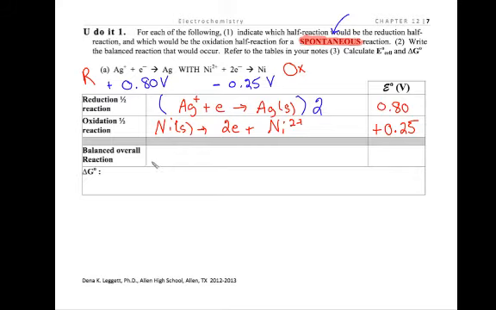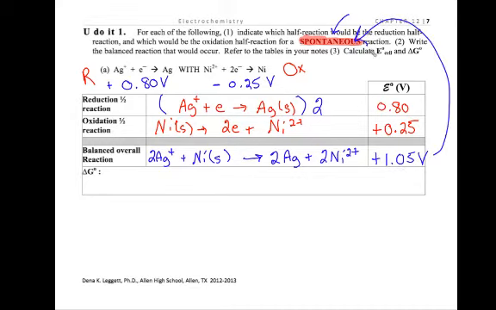My balanced overall reaction would be 2 silver ions, my electrons will cancel, plus a nickel gives you 2 silver solids plus 2 nickel ions. Now, I just add these up to get my EMF, and I have a positive 1.05 volts, which is confirmation that we set it up correctly.